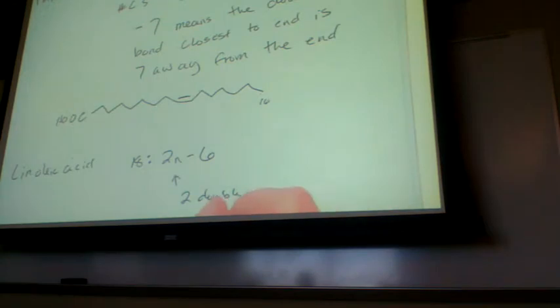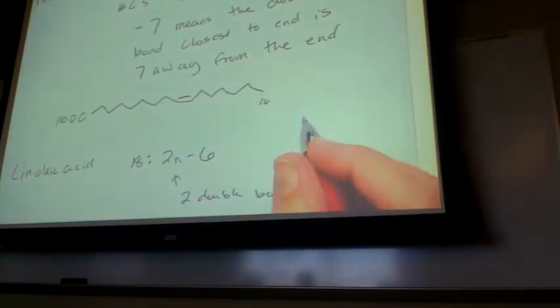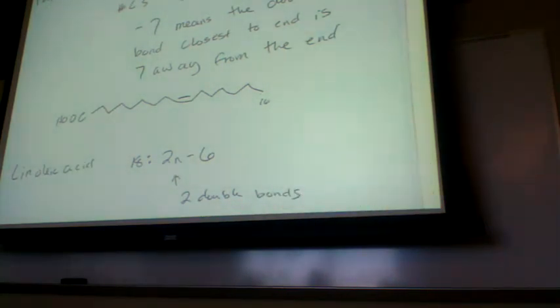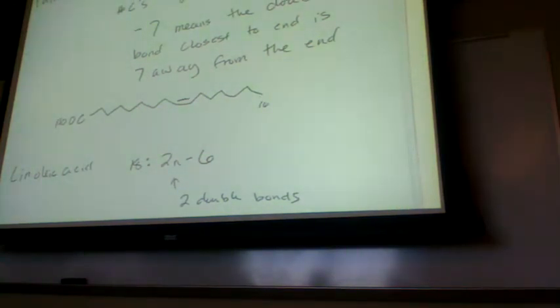The minus 6 from the end means that I have a double bond at 12, and 3 away from 12, which is going to be 9. So it's actually carbon number 12 and carbon number 9 that have that. I know, that's lucky.